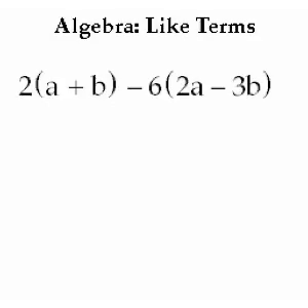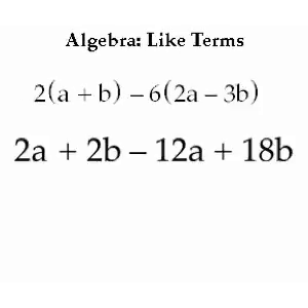The next example we're going to look at is 2 times the quantity a plus b minus 6 times the quantity 2a minus 3b. So we use the distributive property again. 2a plus 2b will be the first one. And then we have the negative that we have to worry about. We have a negative 6 times a positive 2a.